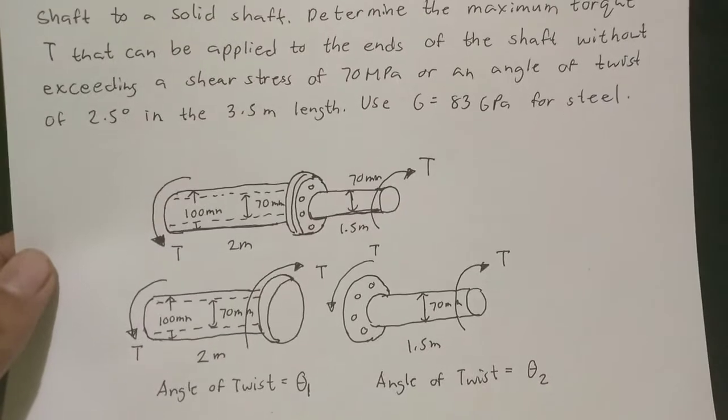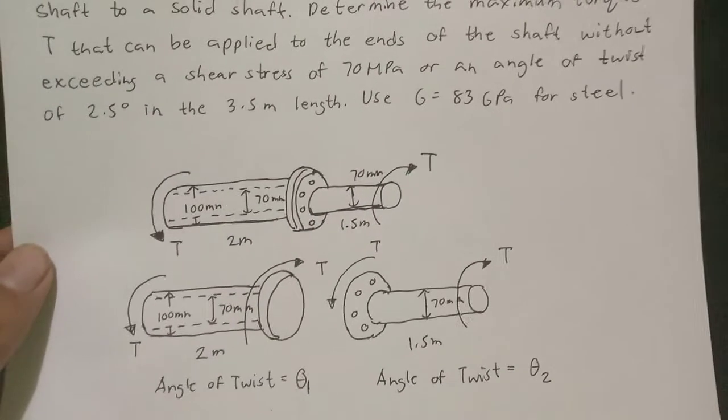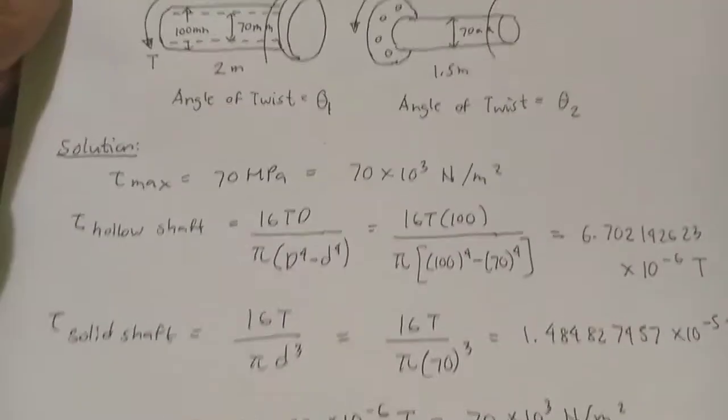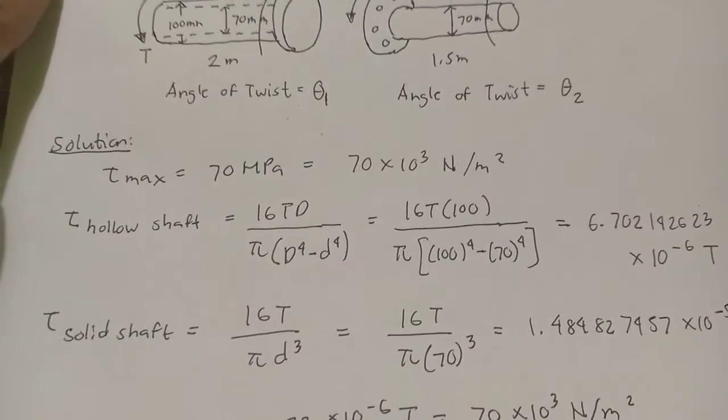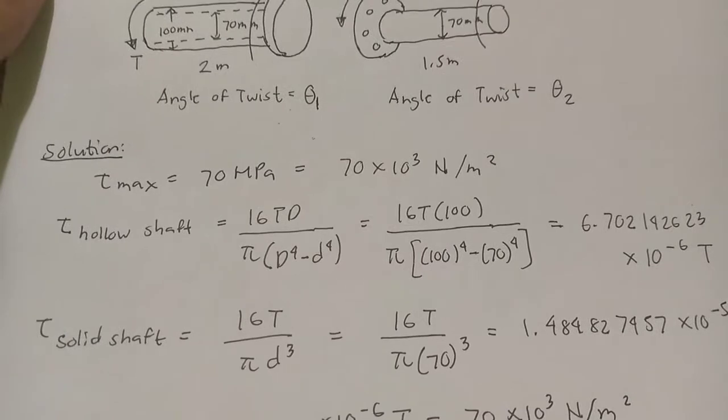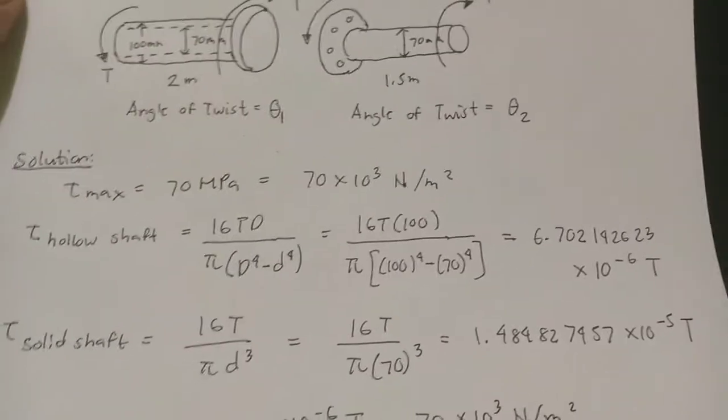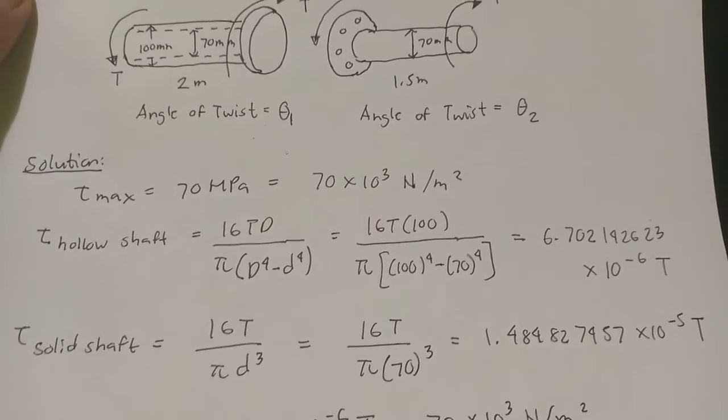We all know that the total length of this is exactly 3.5 meters. So we take the maximum shearing stress as 70 megapascals, or equivalent to 70 times 10 to the power of 3 newton per meter squared.